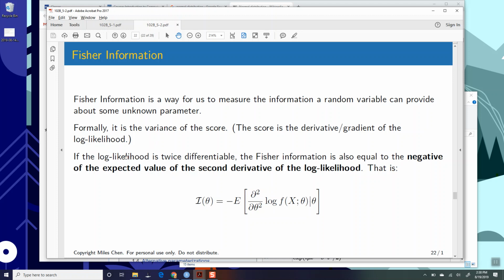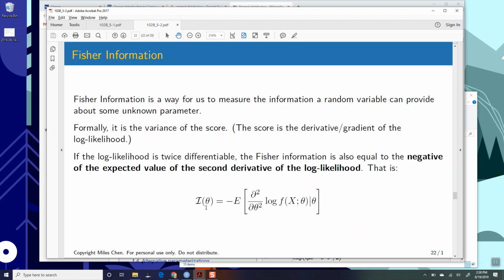If the log likelihood is twice differentiable, like if we can take the derivative of the log likelihood twice, then the Fisher information is equal to the negative of the expected value of the second derivative of the log likelihood. We can think of this second derivative of the log likelihood as kind of the Hessian, and if we take the expected value of that across all possible values of theta, that will give us our Fisher information.